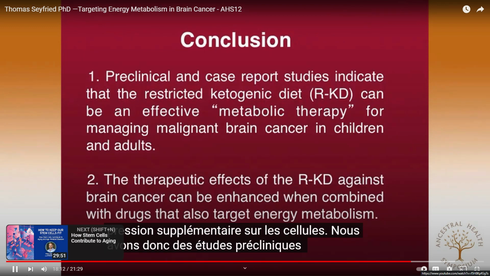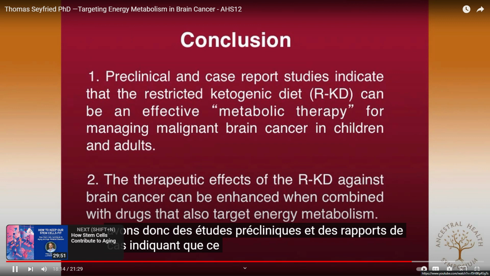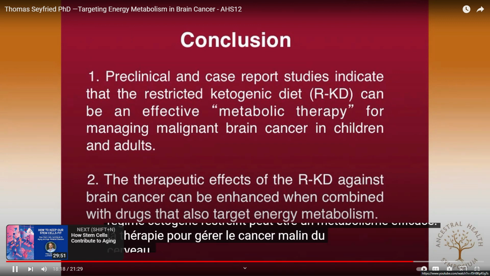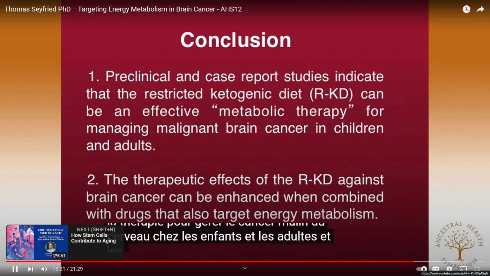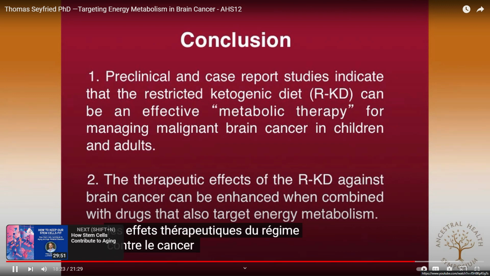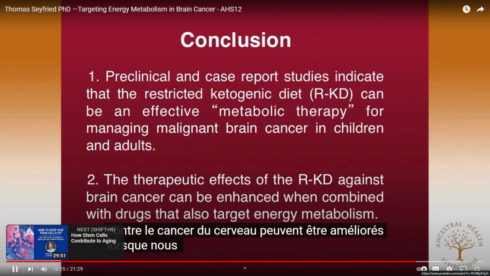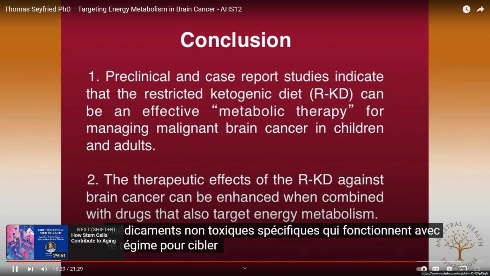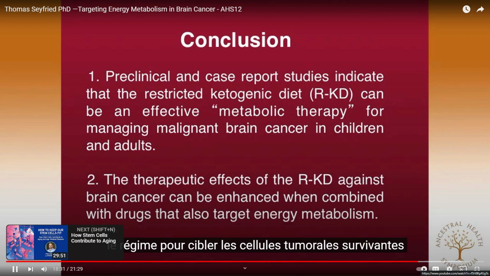So preclinical and case report studies indicate that this restricted ketogenic diet can be an effective metabolic therapy for managing malignant brain cancer in children and adults. And the therapeutic effects of the diet against brain cancer can be enhanced when we combine it with specific non-toxic drugs that work together with the diet to target the surviving tumor cells.